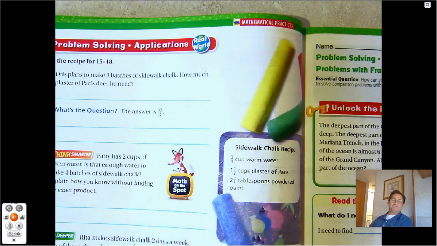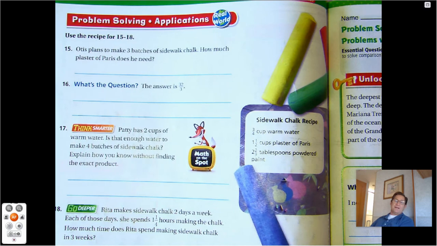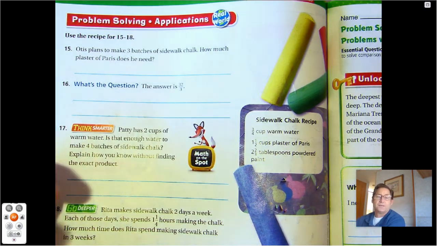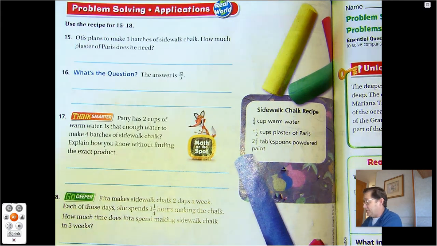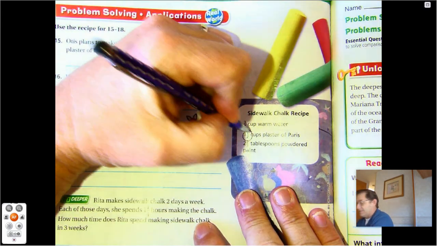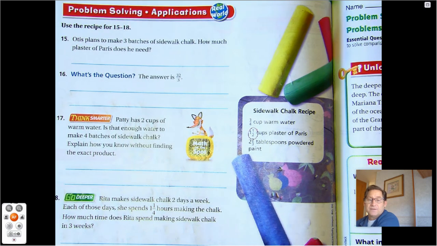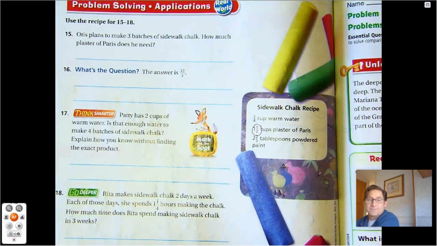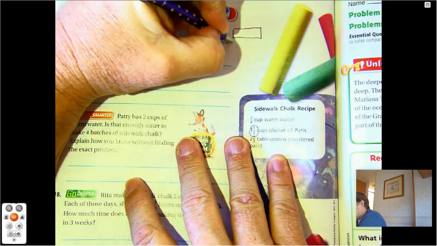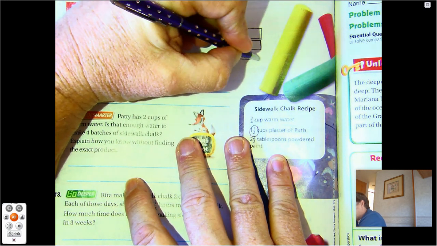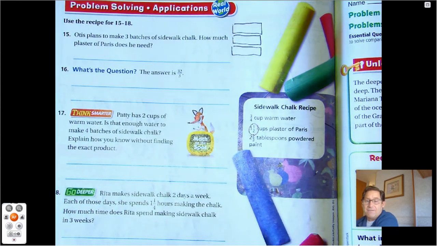All right, 15. Otis plans to make 3 batches of sidewalk chalk. How much plaster of Paris does he need? 3 batches. So every batch needs 1.5 cups of plaster of Paris. So if we were using fraction strips, I would say you'd need 3 sets like that, right?